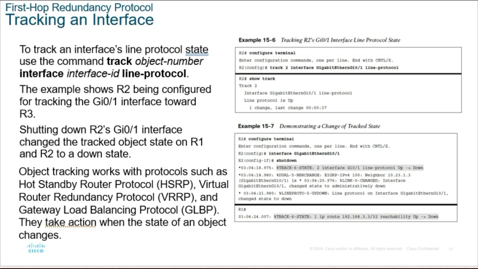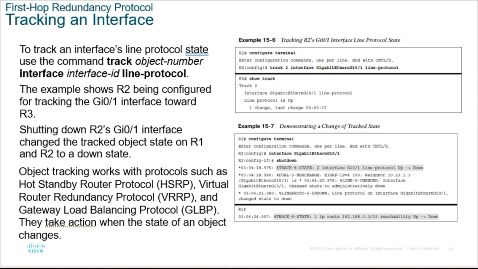To see whether this object tracking is working, since it's an interface, we can test by shutting down that particular interface that we are tracking. In example 15.7, we shut down the interface GigabitEthernet 0/1. The line protocol changes its status from up to down. Since we are tracking it, there is a log here: track 6 state 1 ip route, that particular network, and reachability is down.